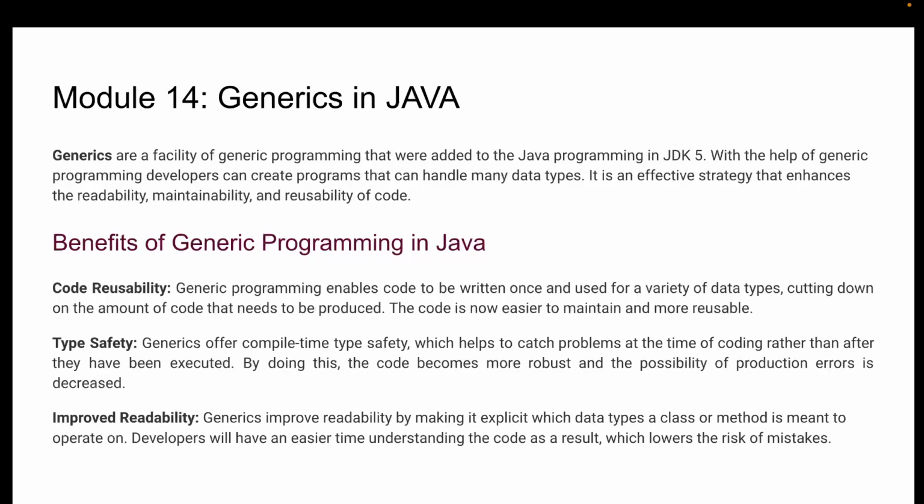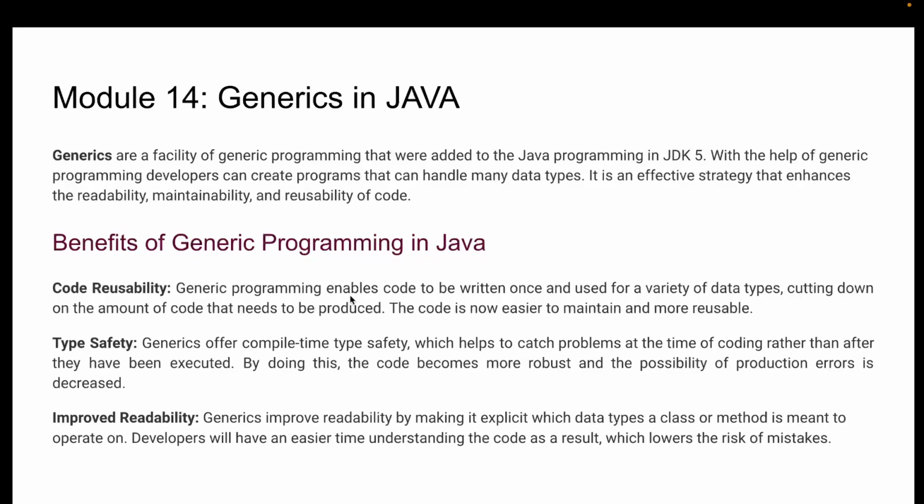So what we'll do in that case is utilize Java generics, and we'll see the benefit of generic programming in Java. So this helps to reuse the code. One of the advantages is code reusability.